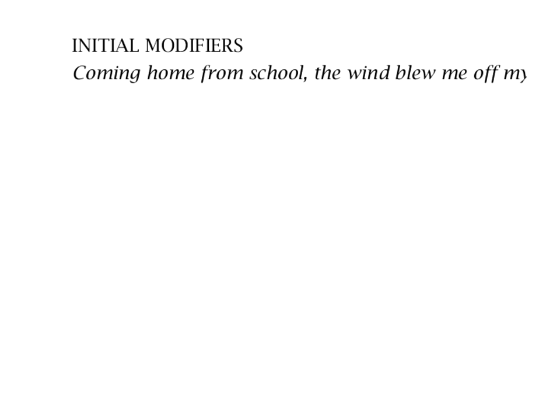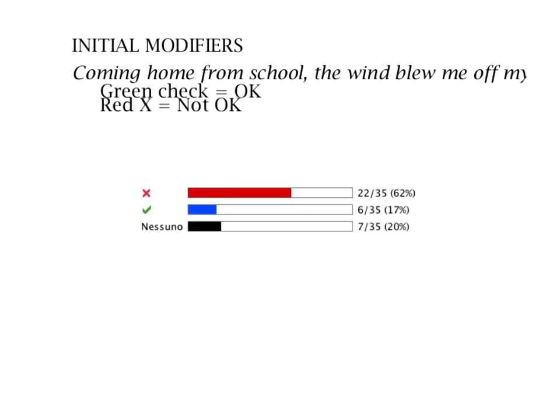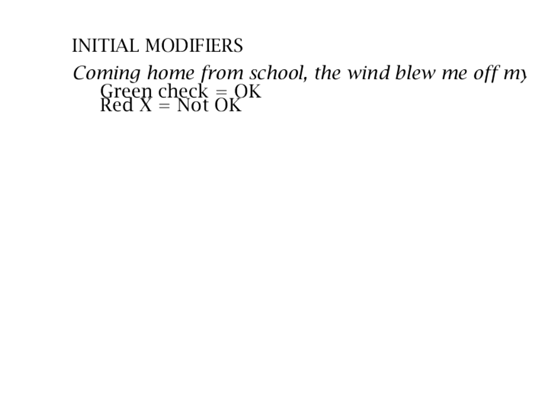And if that sentence is not okay, then give me a red X. So here is what you guys are saying. Not everyone is responding, but we got mostly red X's, and a few green checks. Let's talk about it. The sentence is actually not okay.